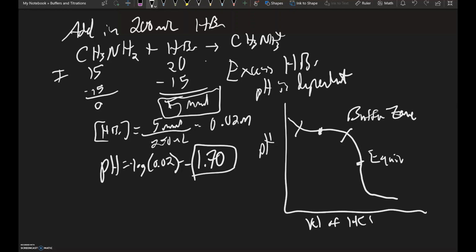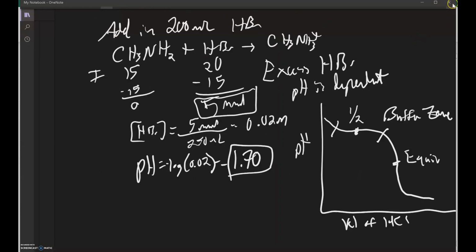Right in the middle of that is your half equivalence point. And so if you go back through the calculations, you actually can graph this pH curve based off of what we've done so far. So that's just a basic problem that involves titrating a weak base with a strong acid.